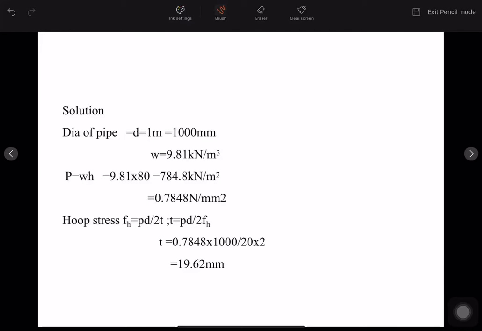So the diameter of the pipe is 1000 mm. Specific weight W into H gives the internal pressure. So 0.7848 Newton per mm square is the pressure.